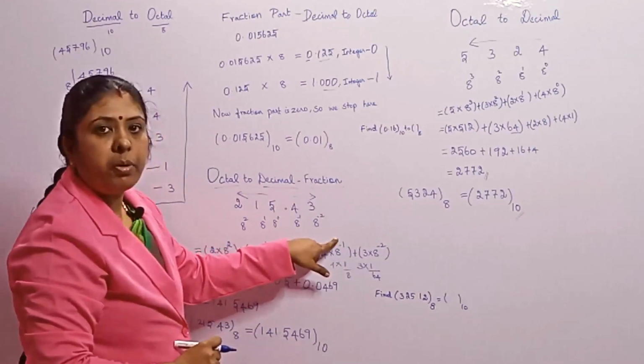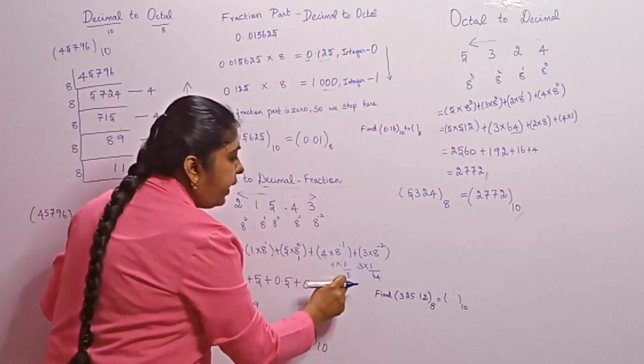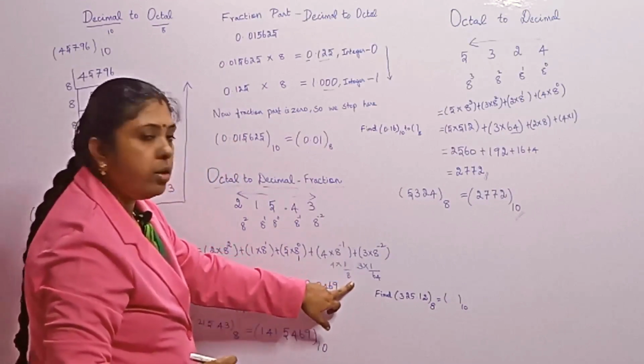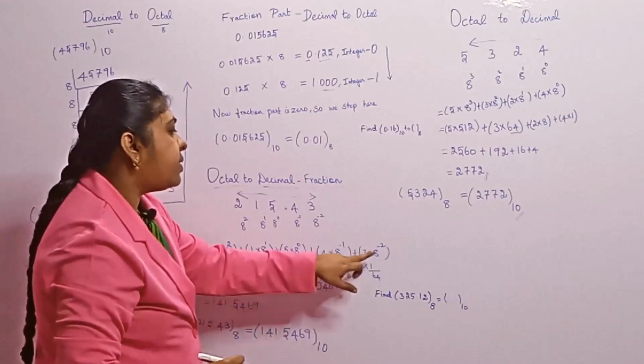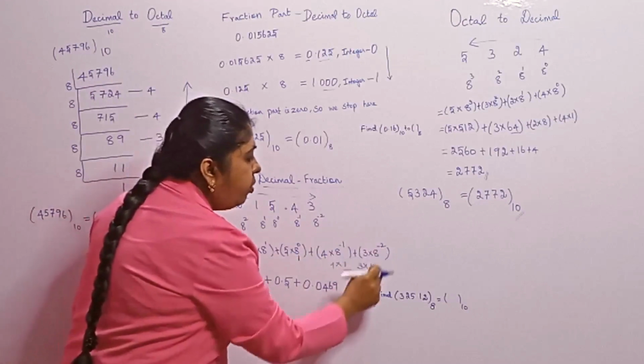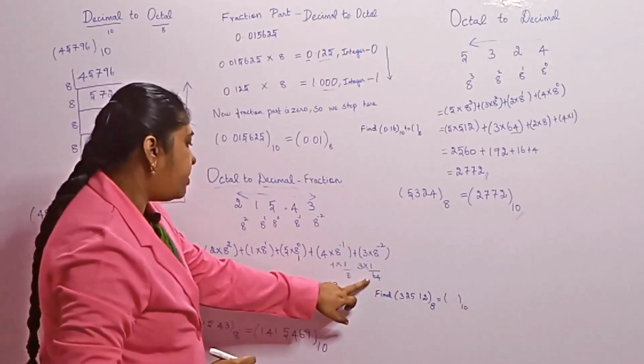Plus 4 into 8 power minus 1, which is written as 4 into 1 by 8. Plus 3 into 8 power minus 2, which can be written as 3 into 1 by 64, since 8 into 8 is 64.